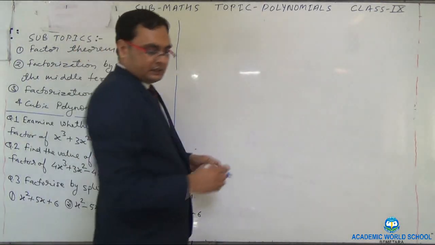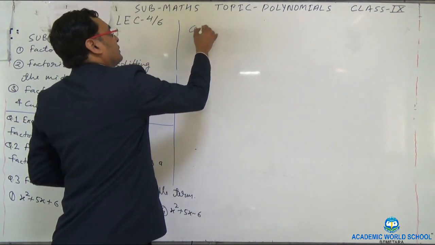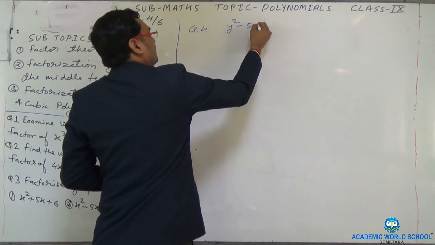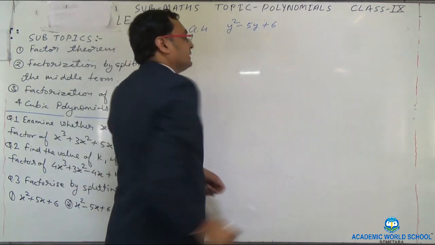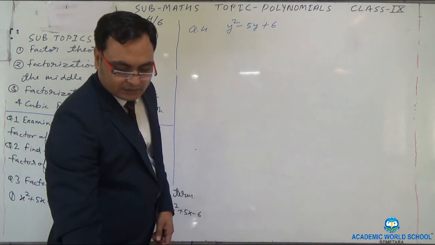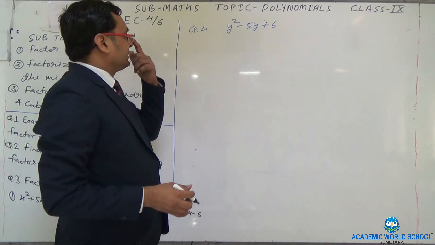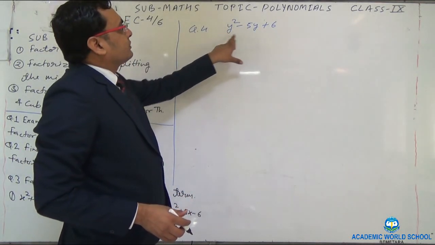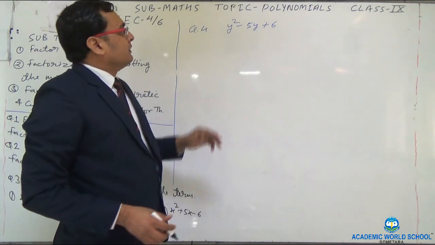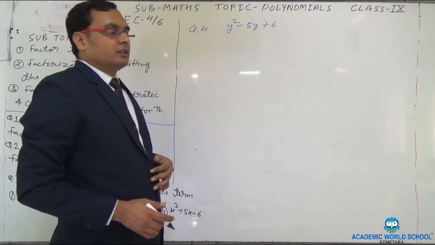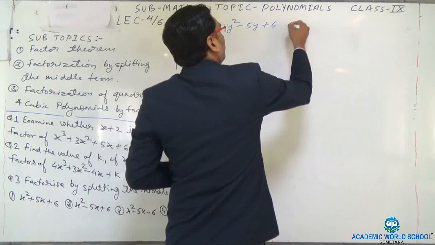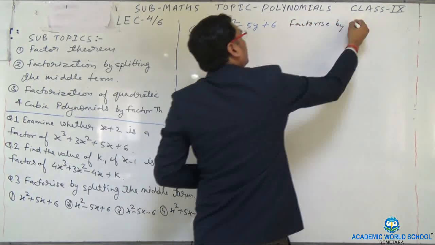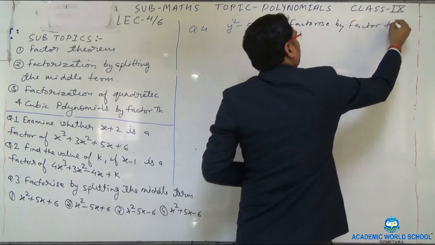The example is y square minus 5y plus 6. Same example as we have seen in question 3. Now, in this polynomial y square minus 5y plus 6, we want to factorize it by factor theorem.